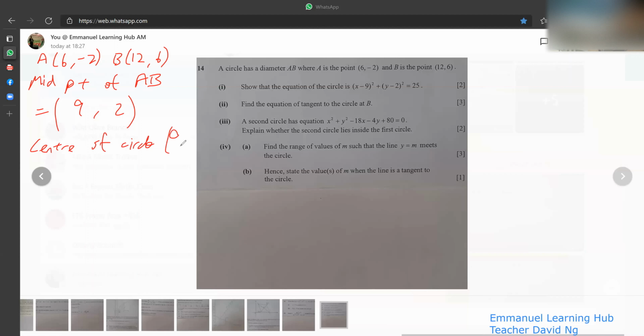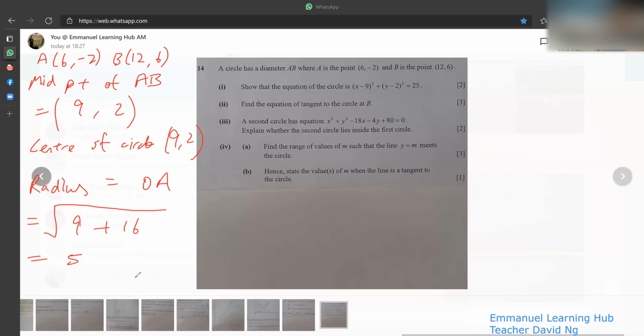So you have the center of the circle, (9, 2). If you have the center, you can find the radius, right? Radius will be OA or OB, either one. Length of OA: you have coordinates of O and A, so finding the length shouldn't be a problem. Square root of 9 plus 16, that's 5.